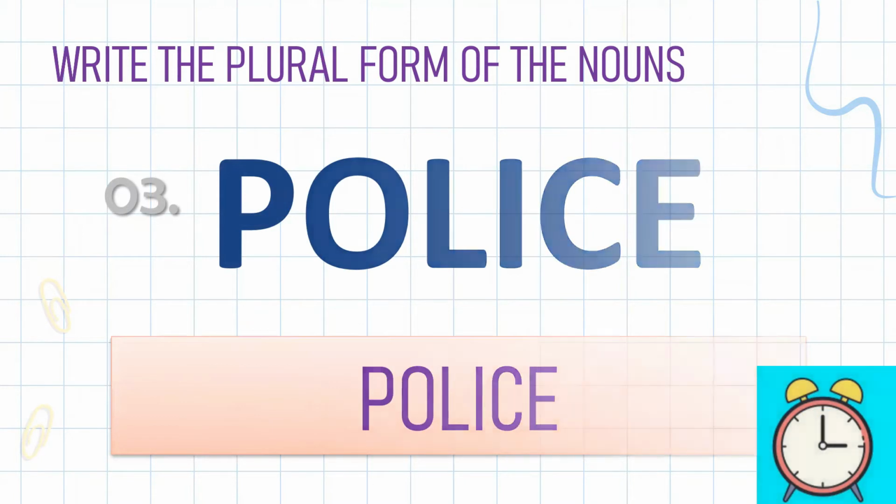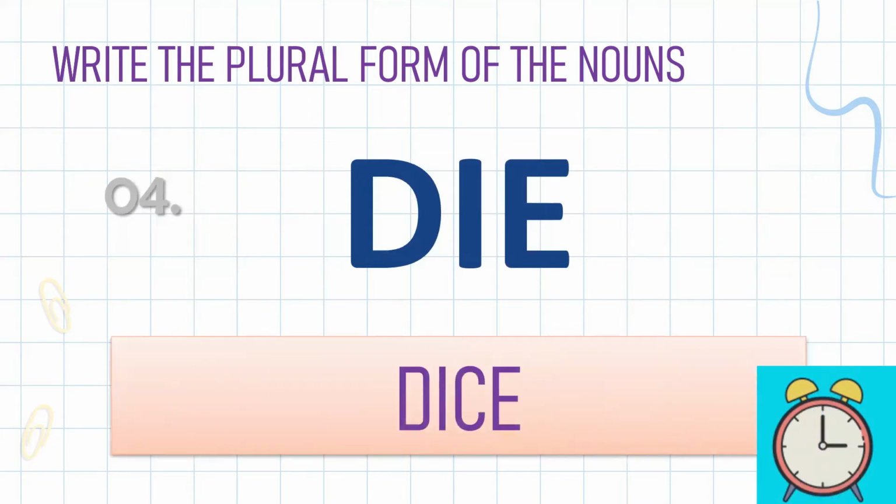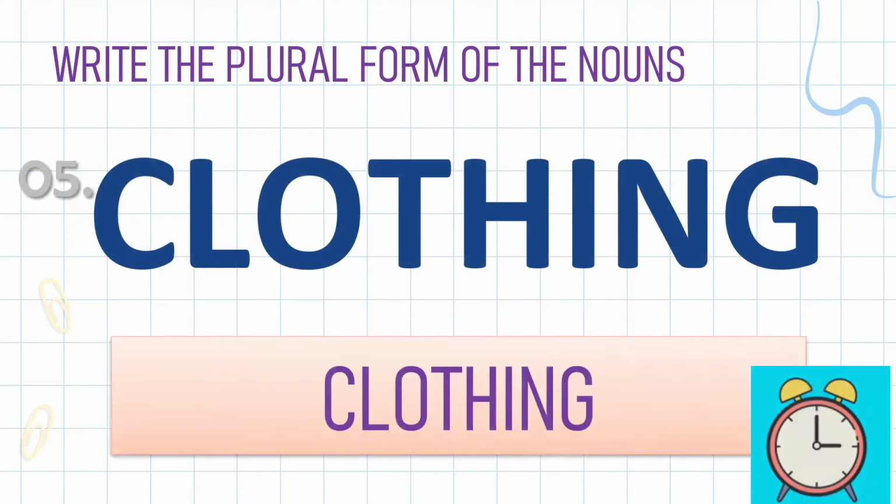Number 4. What is the plural of die? The correct answer is dice. Number 5. Clothing. What is the plural of the word clothing? The correct answer is still clothing.